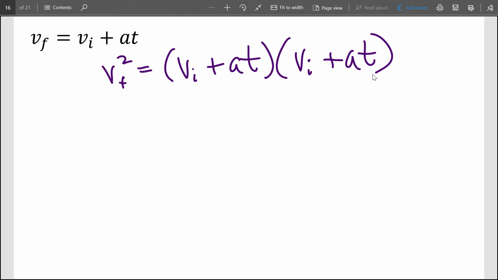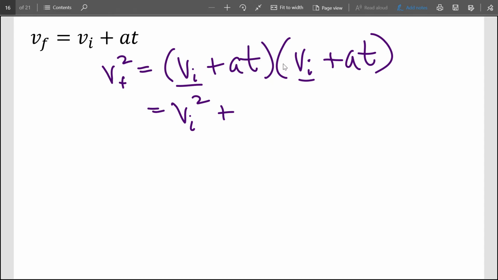All right, so VF squared, I'm just going to take VI plus AT, multiply by itself. Remember the whole FOIL, first, outer, inner, last. So we do VI times VI is VI squared.